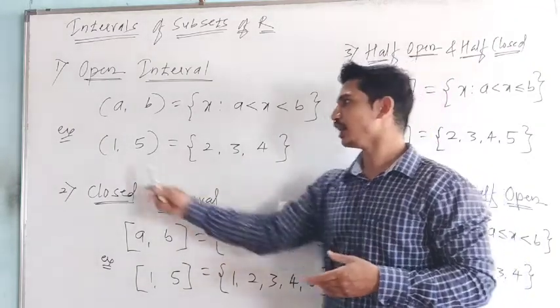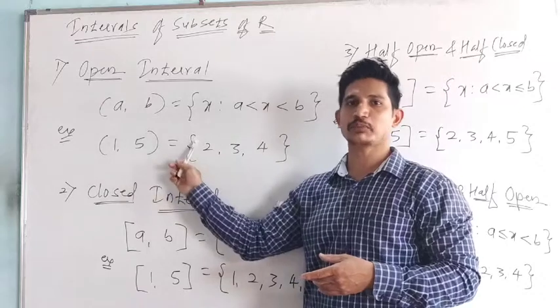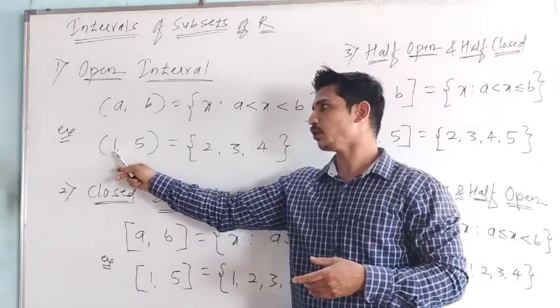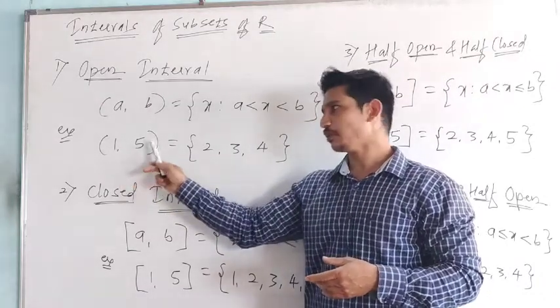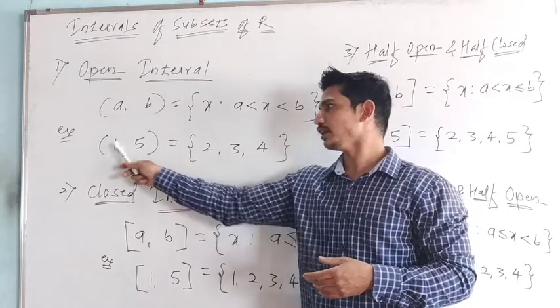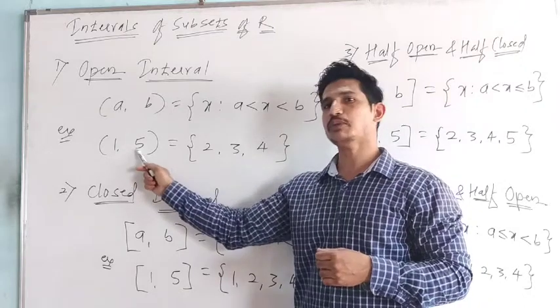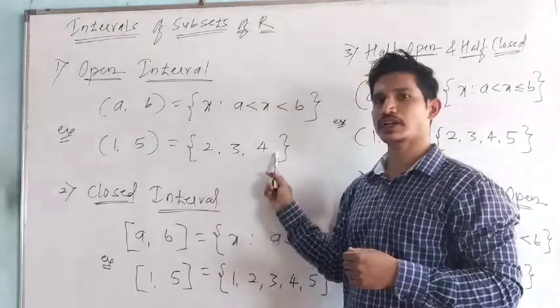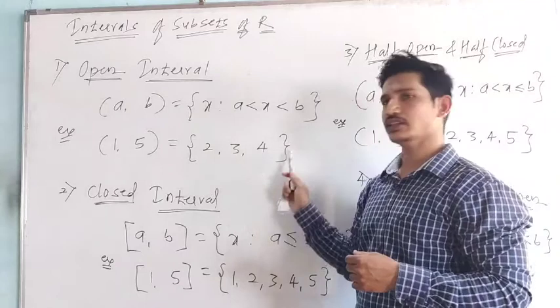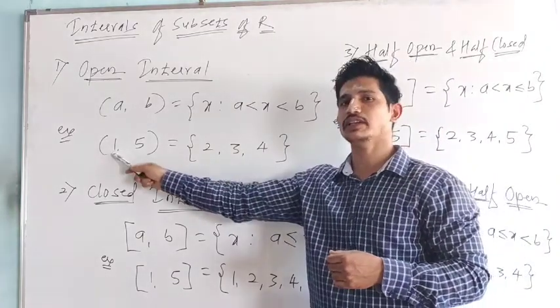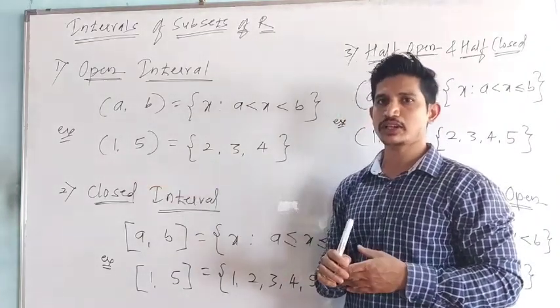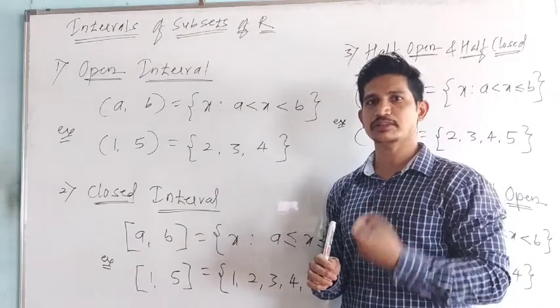Why? Because we are not taking the boundary points. The boundary points here are 1 and 5. It is open, so only the numbers in between, 2, 3, 4, are there. So this is the set for the open interval 1 and 5.